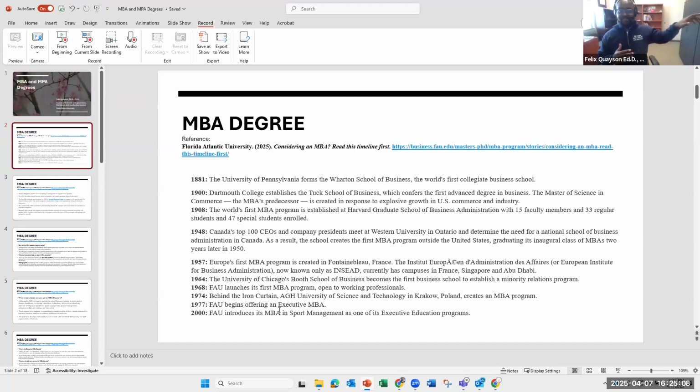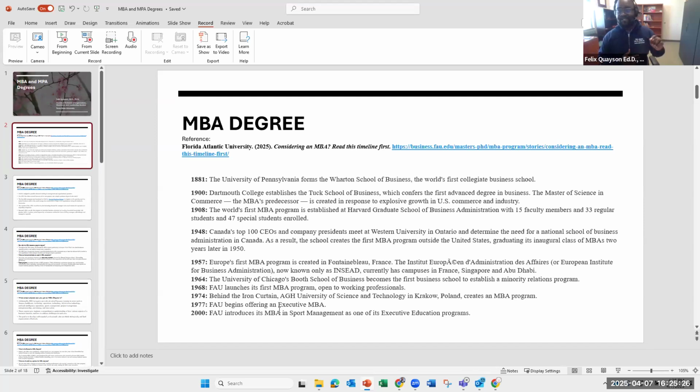1881, UPenn creates the world's first collegiate business school. 1900, Dartmouth College creates the Tuck School of Business, which was conferring the Master of Science in Commerce, a degree that was being conferred before the MBA degree.